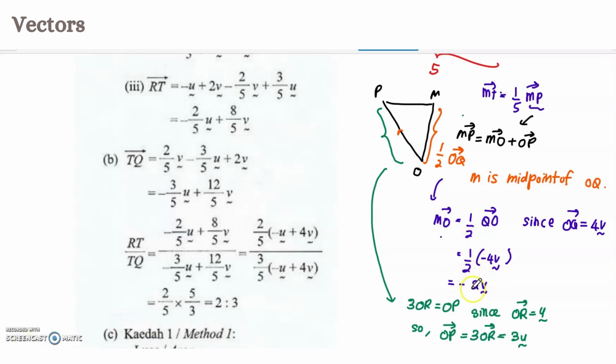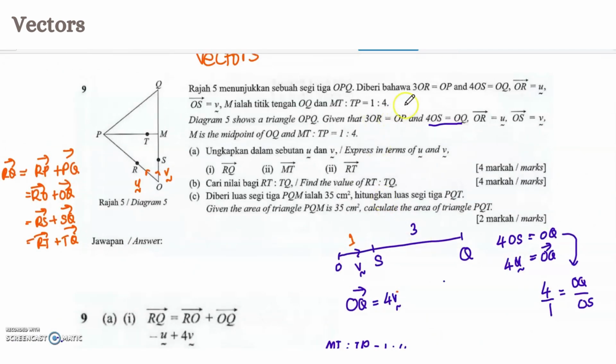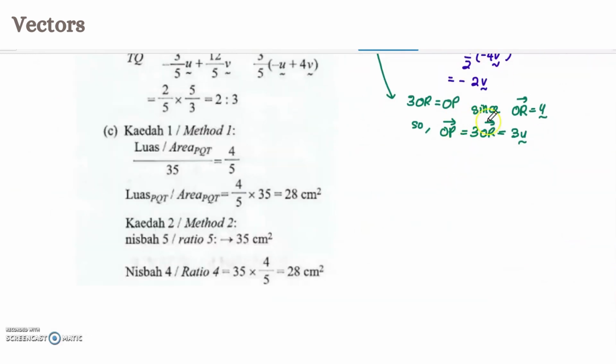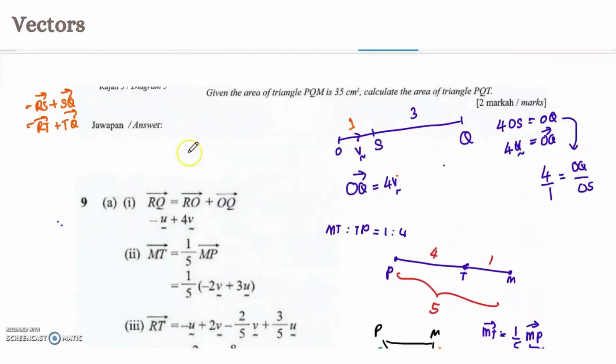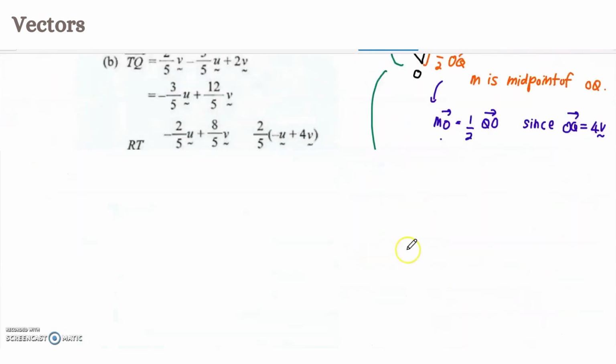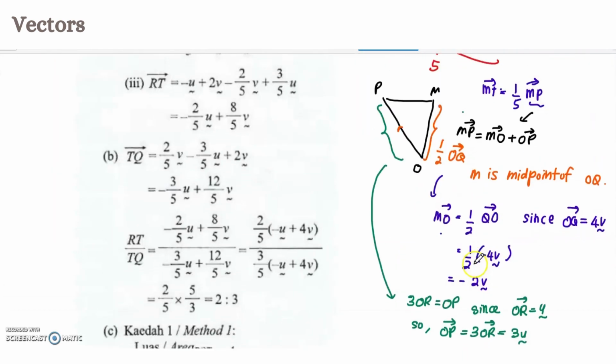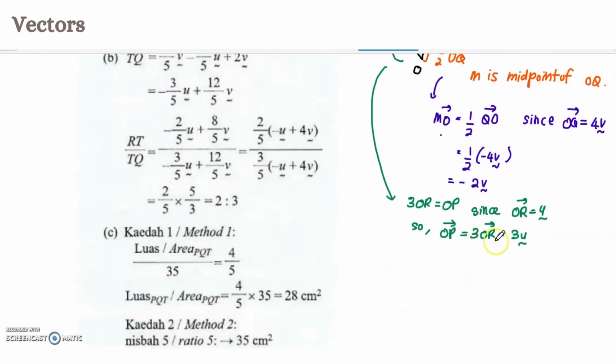So MO is equal to negative 2V. Now we find the vector for OP. Since given that 3OR is equal to OP, and OR is equal to vector U, it means that OP will be equal to 3OR, which is 3U.